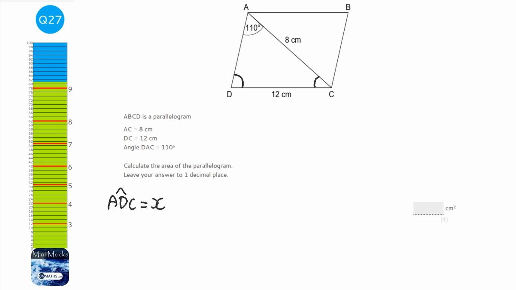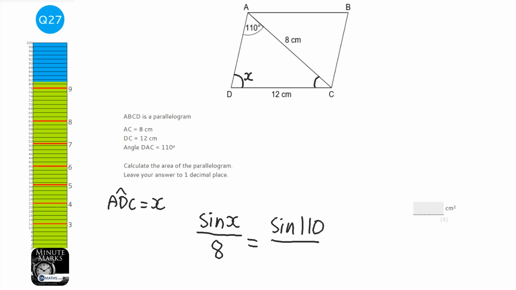So I'm going to use the sine rule, and that says that sine X over 8 equals sine 110 over 12. And the reason it has to be that way around is obviously sine matches up opposite angles and lengths, so it's going to be those two and those two.